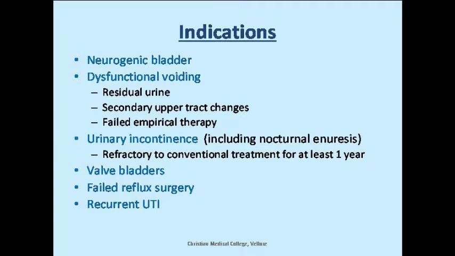And the third, children who have lower tract symptoms but are completely physically normal, and we cannot find anything wrong with them. And we have a history of labeling them as Hinman syndrome, non-neurogenic bladders, and today dysfunctional voiding. And hopefully, the way things go, I won't be surprised if this terminology gets further changed in the next 3 to 4 years, because frankly, we don't understand this particular problem.